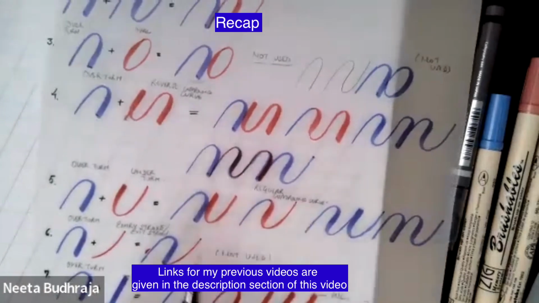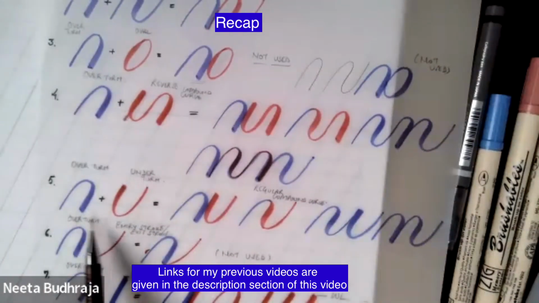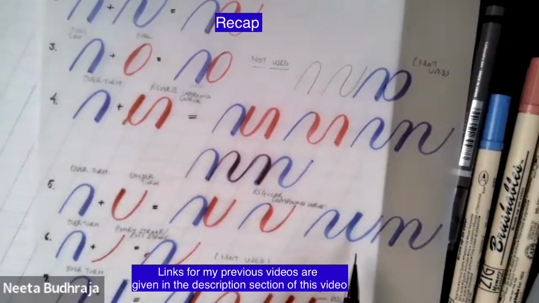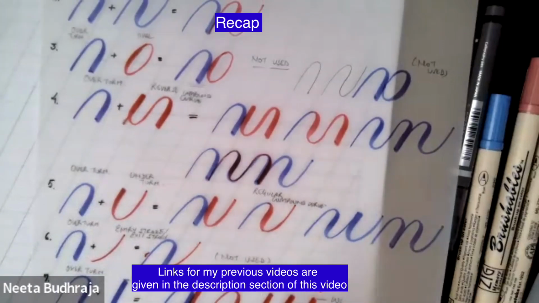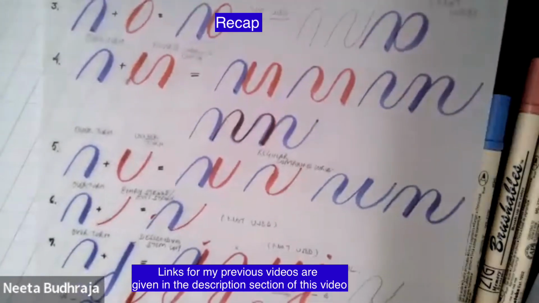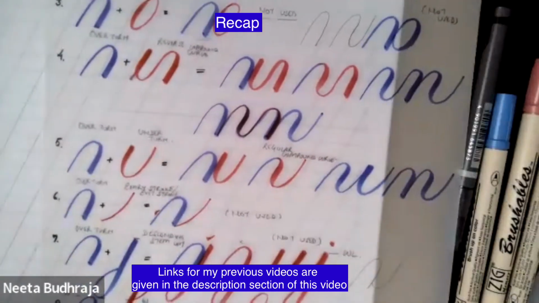We discussed everything. And then we did our overturn and underturn, and where it can be used in our letters, connecting the strokes or joining two letters together.